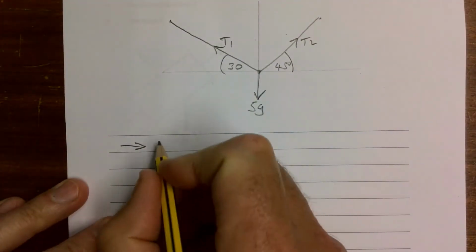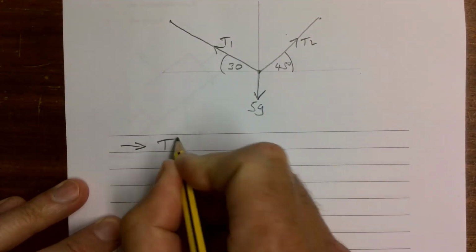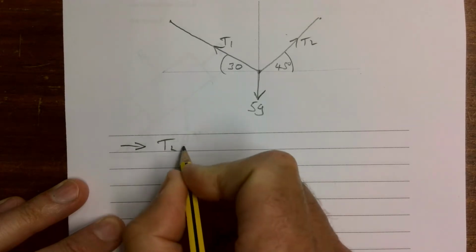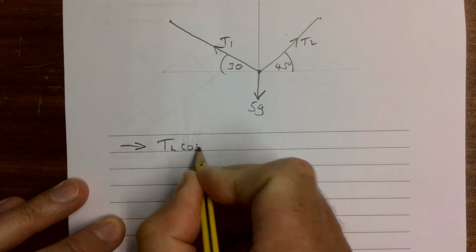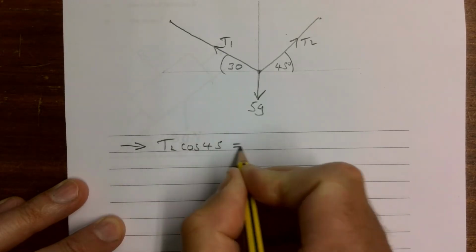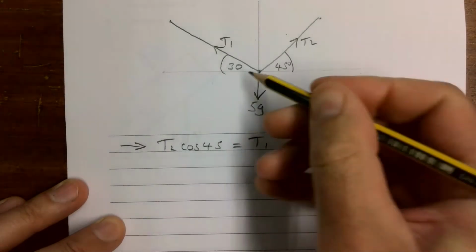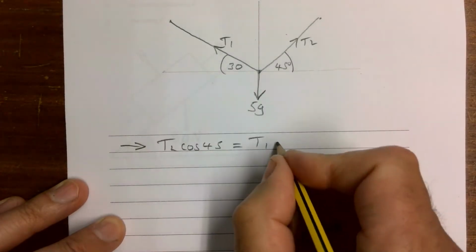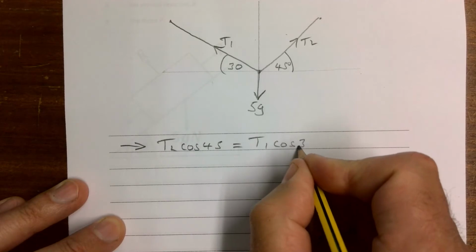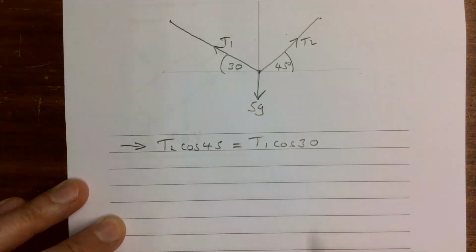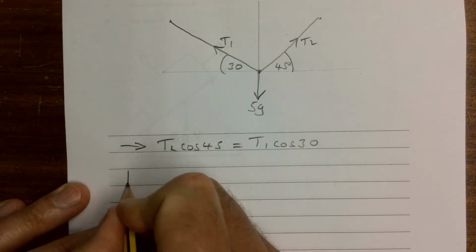So we're going to go T2. I'm resolving this way, so you'll note we're going to cross the 45, so that's cos 45, and that equals T1, so going this way then, cos 30. You'll note the 5g has no effect because it's orthogonal and it's at right angles to that.